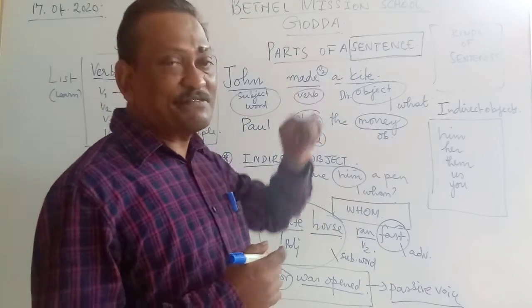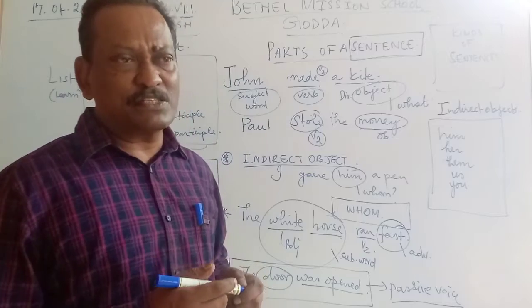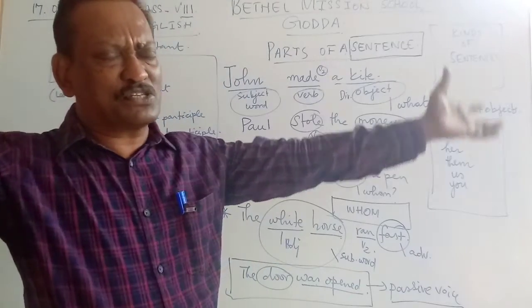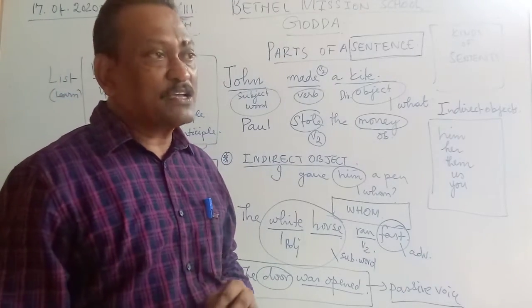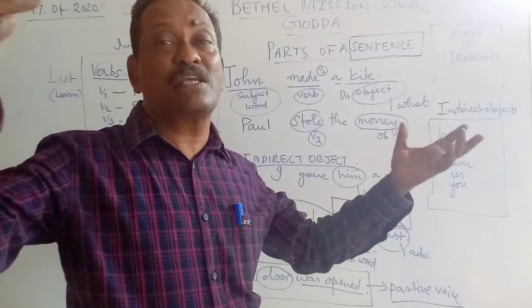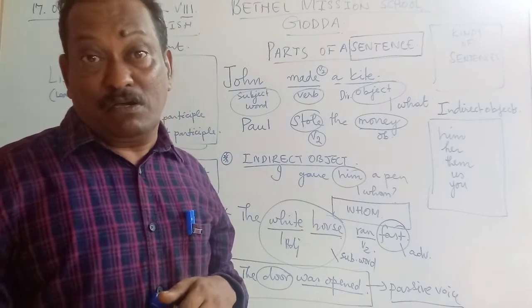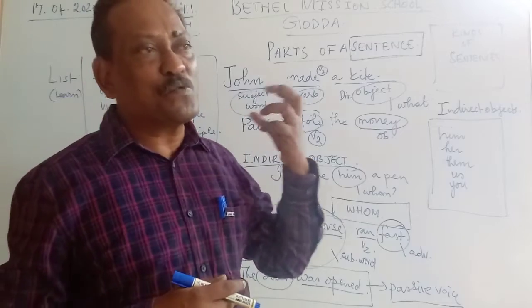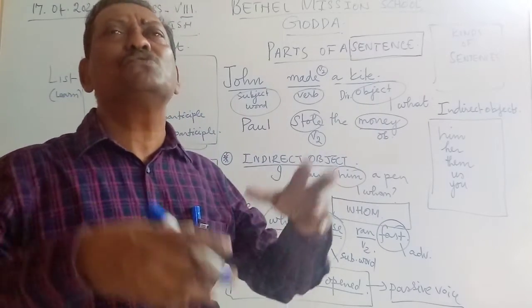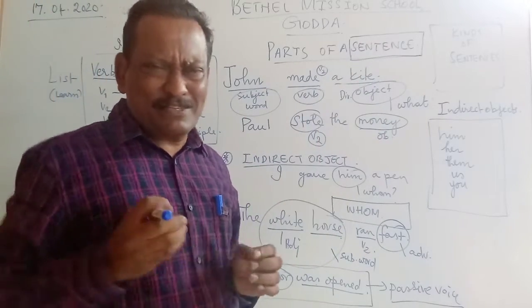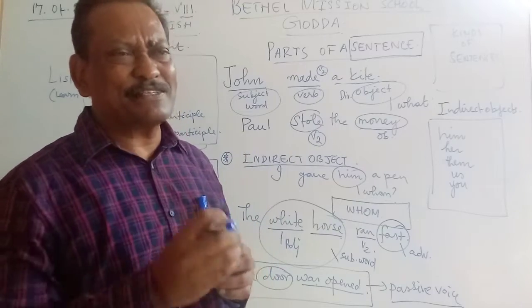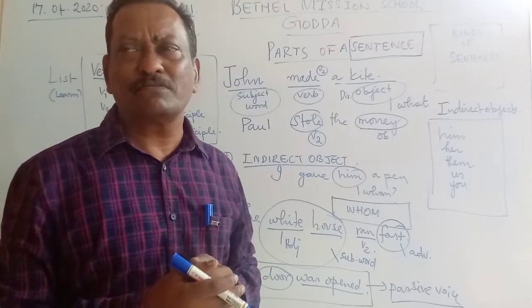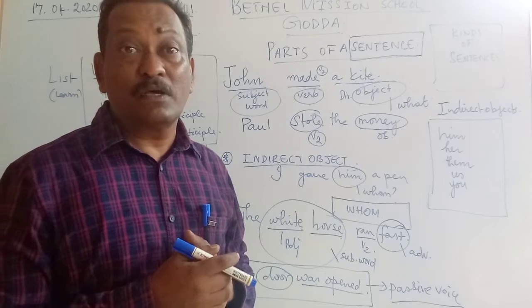And the last kind of sentence is the exclamatory sentence, which expresses a strong feeling. Like sorrow: alas, India has lost the match. Joy: oh, what a wonderful flower that is. What a huge building it is. Disgust, a sentence expressing disgust: how stupid you are. How stingy you are.